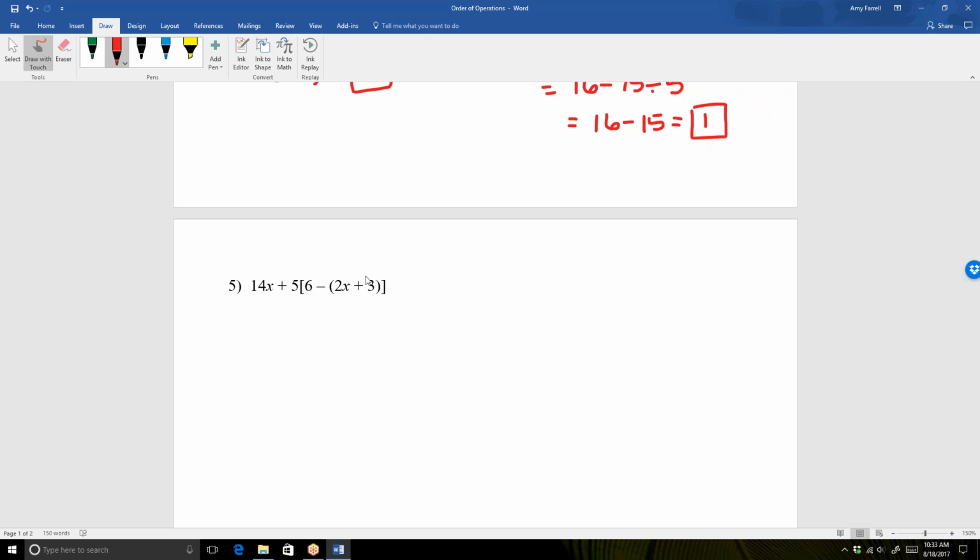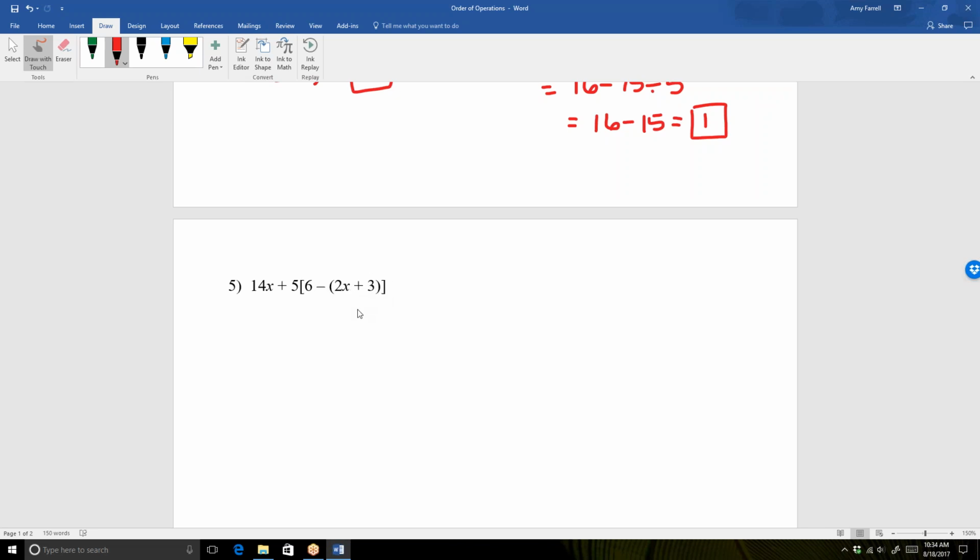So I have brackets in this problem. And so we're going to start inside the brackets here. We also have parentheses. So we're going to start with the innermost grouping symbols here, which would be the parentheses. Now the 2x and the 3 are not like terms, so I can't actually add them.